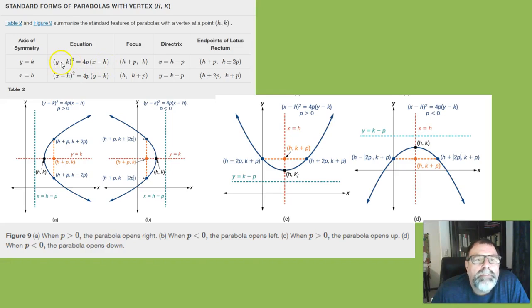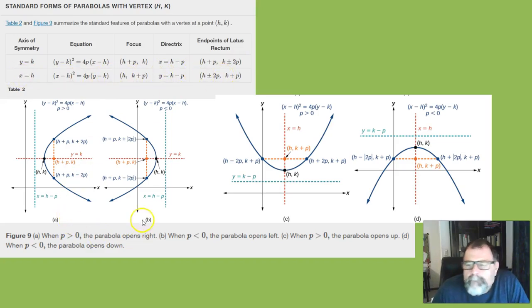If that one's the y squared that's opening sideways, remember you add the p to the x coordinate, so the focus is h plus p, k, and the directrix would now become x equals h minus p. And then the latus rectum points are h plus p, k plus or minus 2p, and then similar changes for the vertical axis of symmetry.